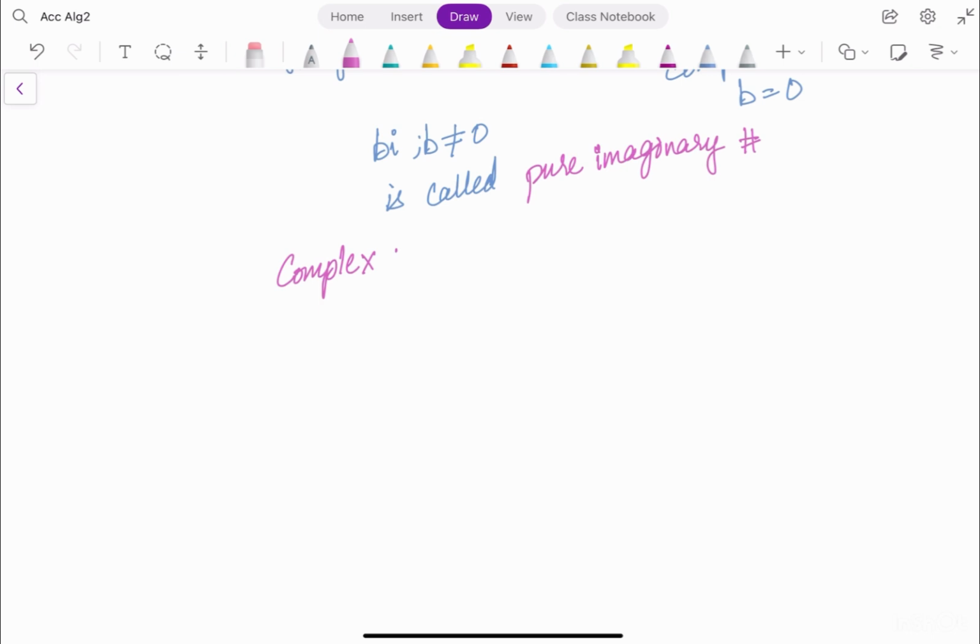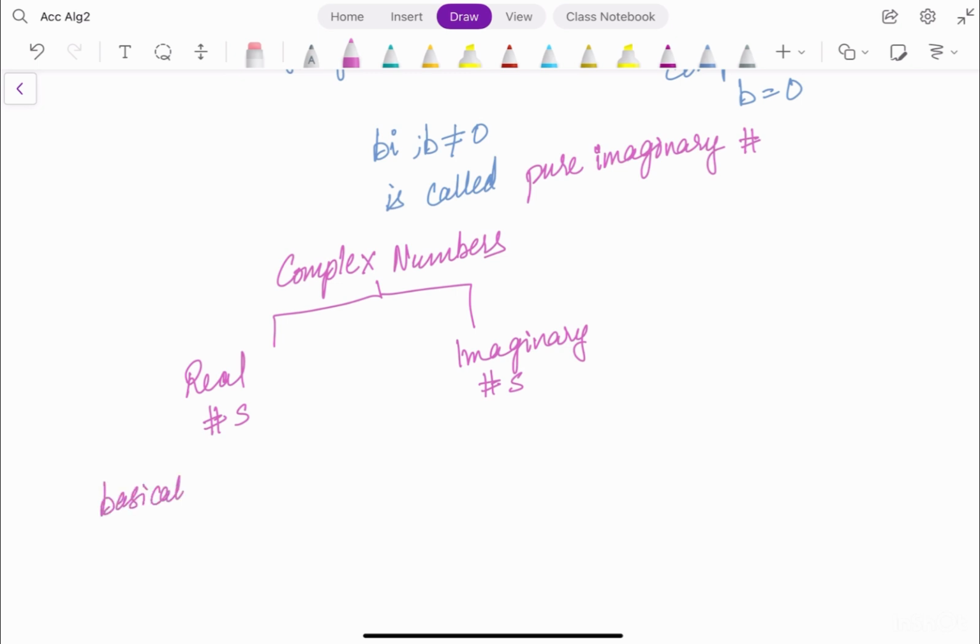Now we can understand the complex number. Complex number is a big umbrella. Under the complex number we have real numbers. We have already discussed what comes under the real numbers, and the another thing that comes under complex number is called imaginary numbers. That is why the standard form has a real number and the imaginary part, a plus bi.